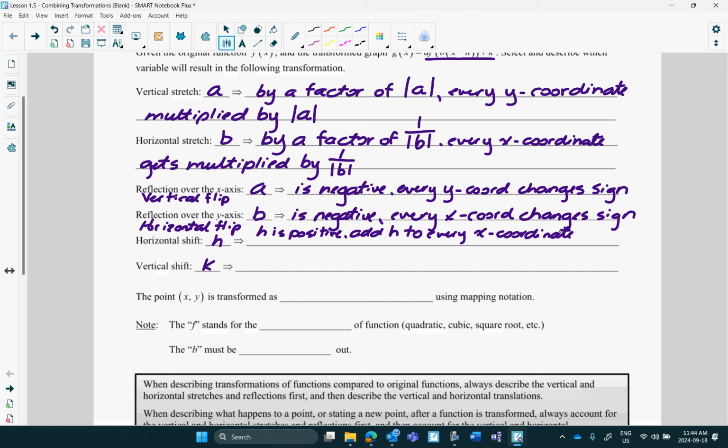Right? And it always has to be in subtraction form, the equation. So if H is negative, we subtract H from every x coordinate.